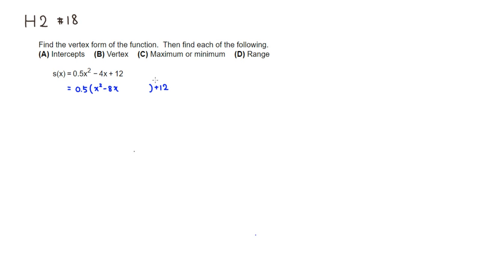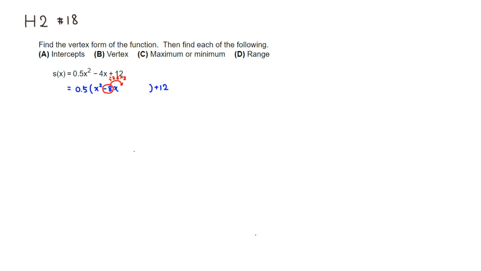Then we need to find the third term to complete the square. To do that, all you have to do is take this number, divide by 2, and square that number. So divide by 2, so you have negative 4.